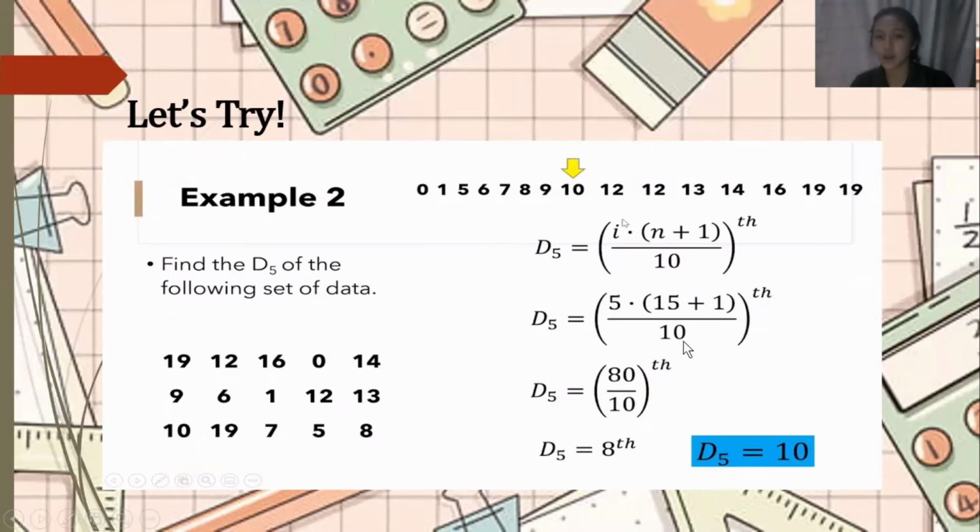And then divided by 10 because we're on the decile. So, 80 over 10 is equal to 8. So, 8th term, let's count. 1, 2, 3, 4, 5, 6, 7, 8. So, the number 10 that is given is the decile 5. Do you understand?